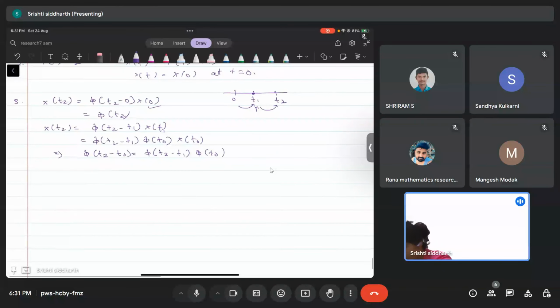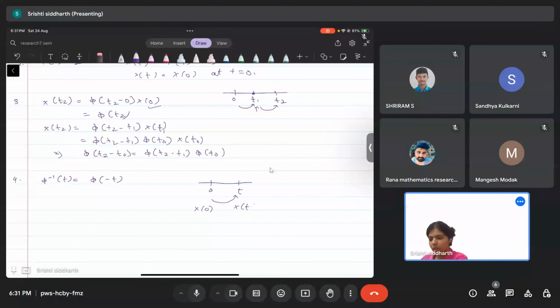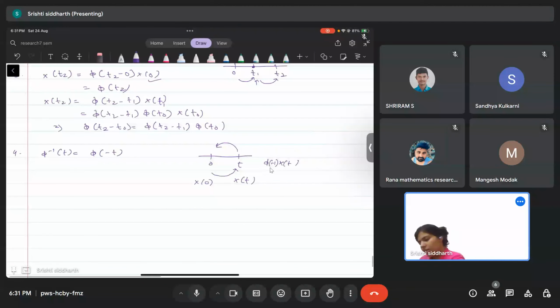Okay. So we have two more properties. Phi inverse of t is phi of minus t. So for example, you start at time 0 and you flow along there and you get to the solution x at t. Now to get back to the initial condition, what you can do is apply phi of minus t to x(t). Okay.